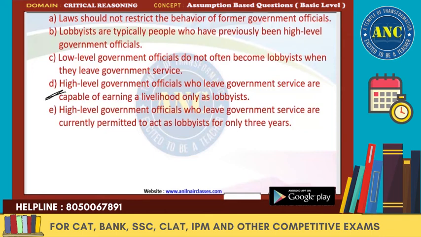Now, again the same thing. It does not depend upon this assumption because the argument would not be invalidated if former high-level government officials could act as lobbyists indefinitely. Hence, it will be option D. High-level government officials who leave government service are capable of earning a livelihood only as lobbyists.